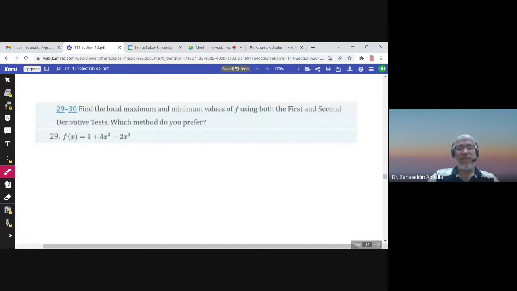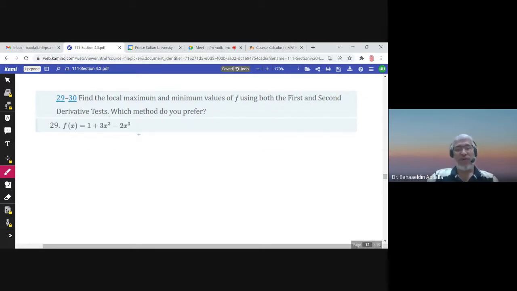Now some exercises. Find the local maximum and minimum values using both the first and second derivative tests. Which method do you prefer? Okay, so let me use the first derivative test first. To use the first derivative test, I find f prime now.